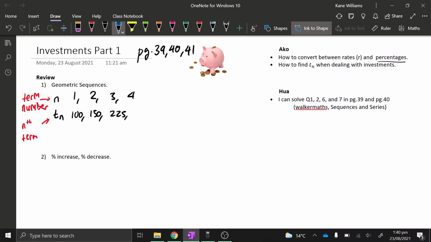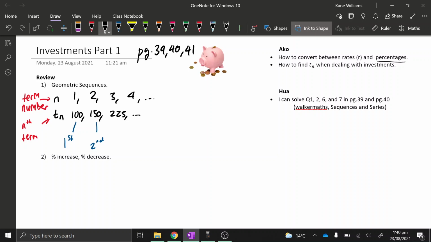What is the nth term? For example, this is the first term. This is the second term. And in general, we have the nth term: the first, second, third, 100 billionth, nth term. And so on and so on.